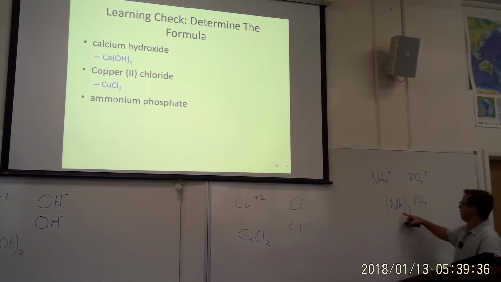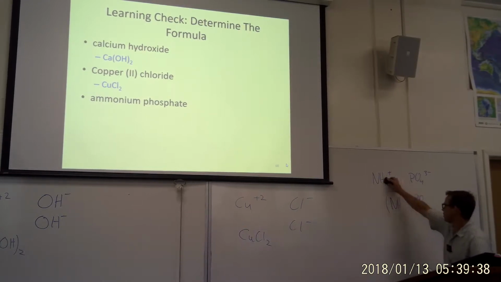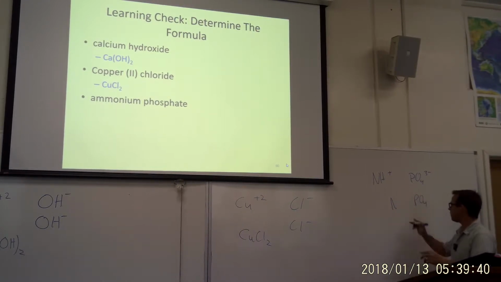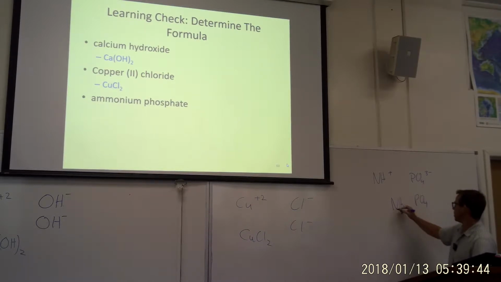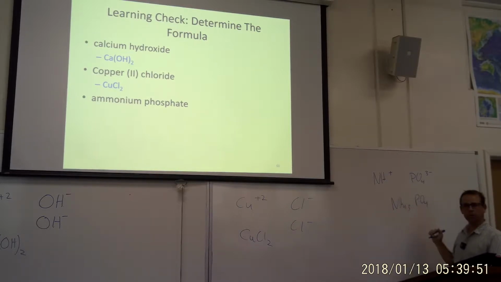Because if I didn't have the parentheses here and I put the 3, it would be confusing as to what that 3 referred to, right? Whether it was the N or the H. Yeah, the N or the H or why it's there, right? Like if I had a 2 there, right? So that helps me identify where it is.